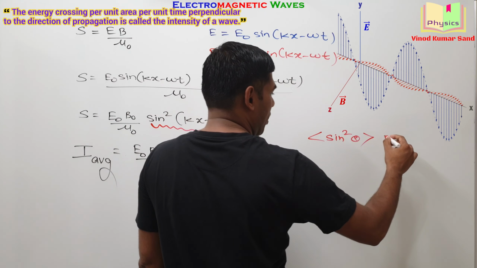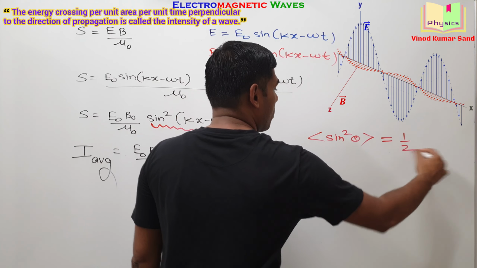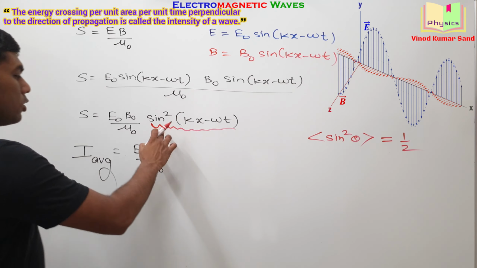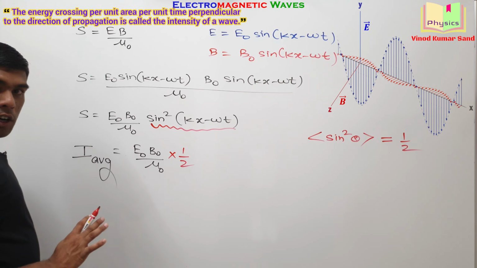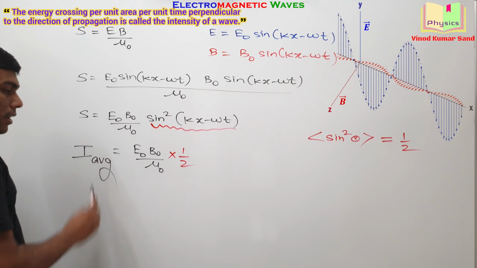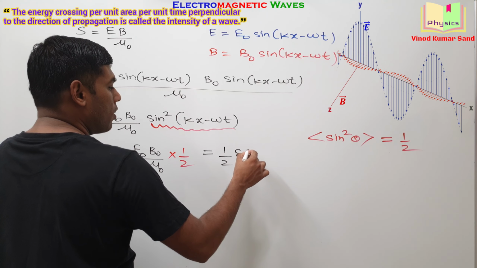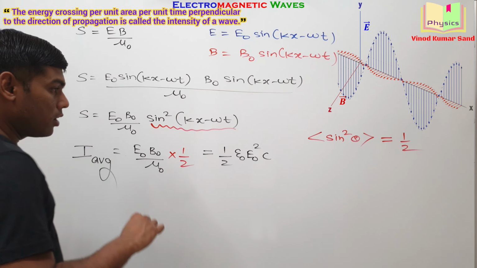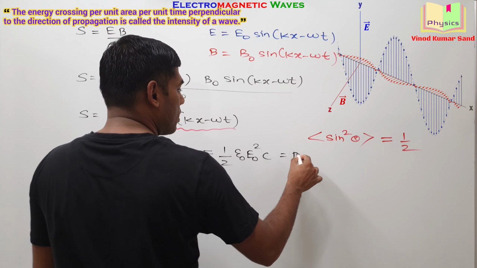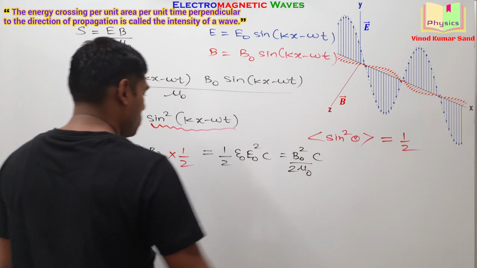You'll get that the value of sine square theta average for one complete cycle is equal to 1 by 2. So here I am putting in the average value of the sine square function. Okay. Now this in turn can be written as half epsilon naught E naught square into C, or this can be written as B naught square by 2 mu naught into C.